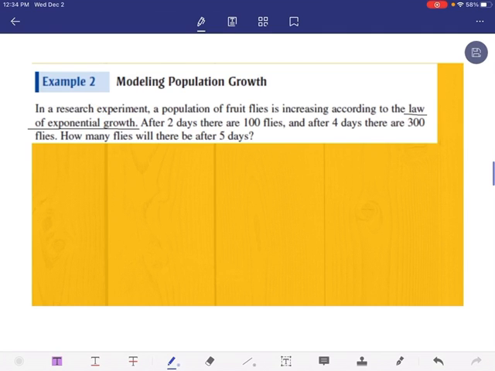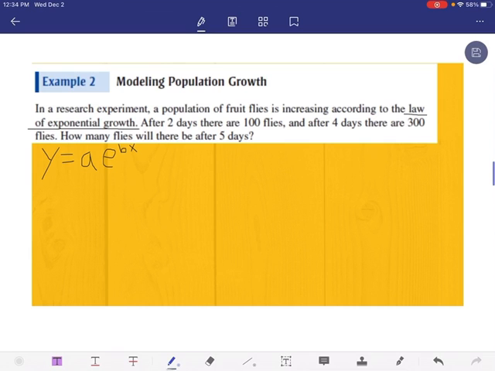And the reason that the law of exponential growth is important is because that tells us that we're allowed to use our y equals a times e to the bx power equation. And we know that that's going to simulate the population growth pretty accurately. Now, we know what our x is going to be.